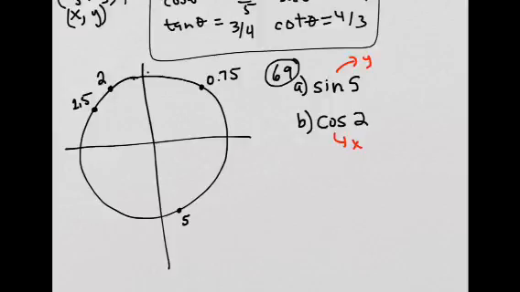So sine 5, here's 5 radians, and this is my y-axis. So if I go straight across right here, I want to see this distance, right? So this is approximately negative 0.94, or around there.